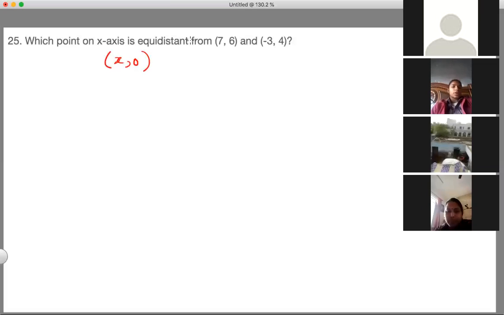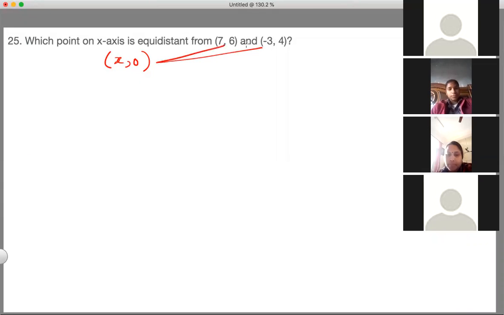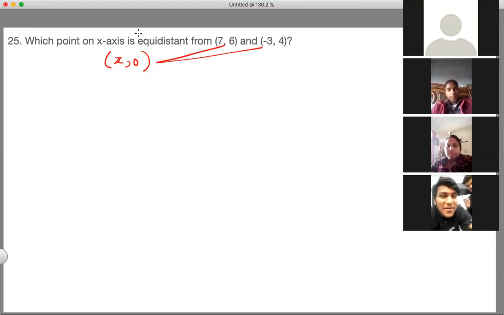Now sir, we will use the distance formula, right? Yes sir. Distance from this and this should be the same. Okay, we can't do it. We are left with only a few seconds. But you can do this yourself, it is an easy question.